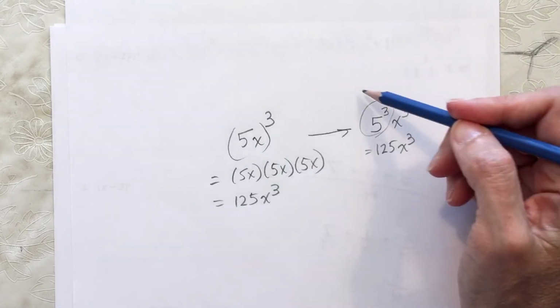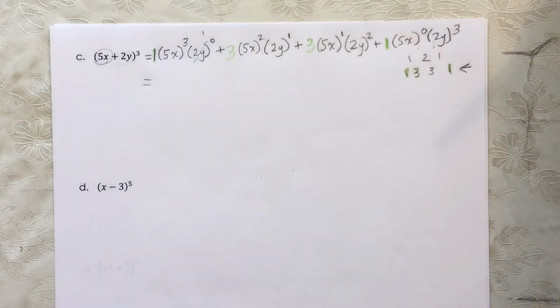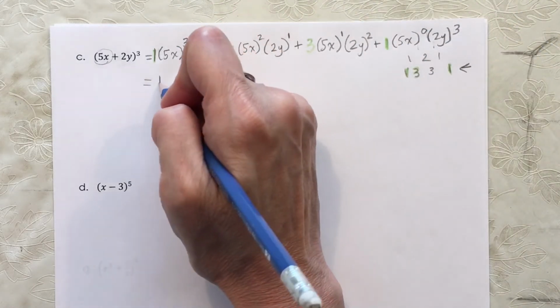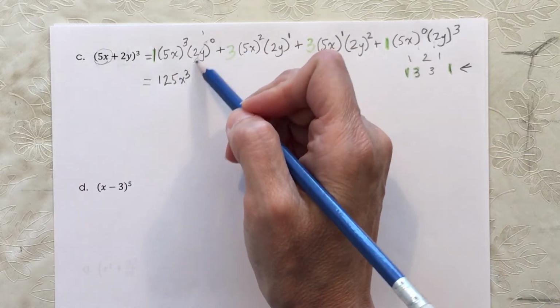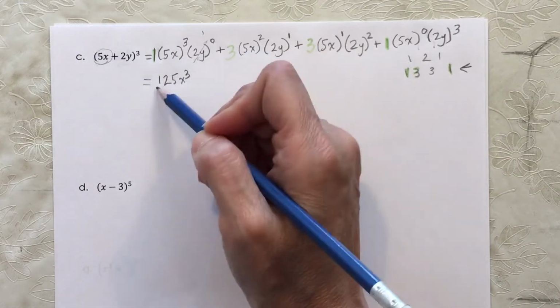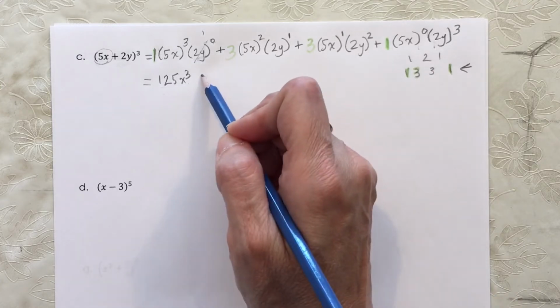So this is probably the way I would like you to think about it. So (5x) cubed is 125x cubed, and anything to the 0 is 1, times 1. So 125x cubed times 1 is still 125x cubed.